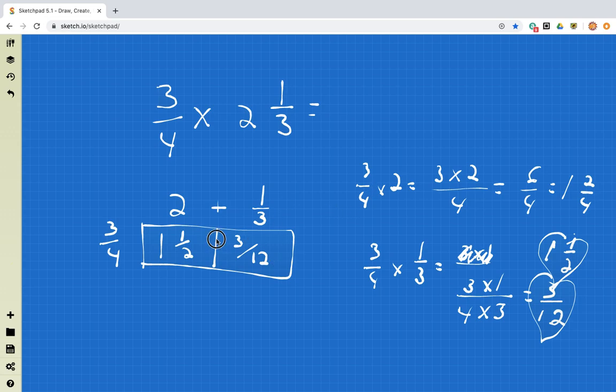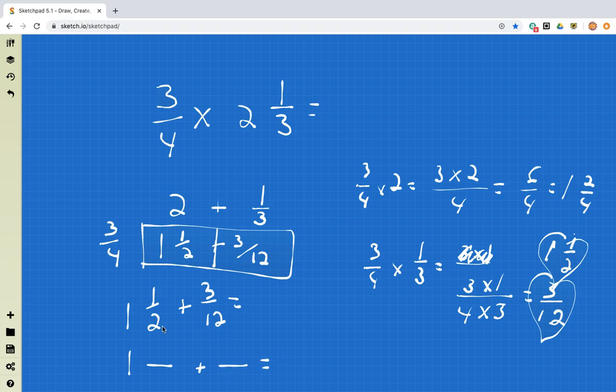Now we have to add those up. Now we get 1 1/2 plus 3/12. Again, that's something we know how to do. I can't add the 1/2 and the 3/12 together because they've got different names. These are halves, these are 12s. So I need to rewrite this as 1 and something plus something.